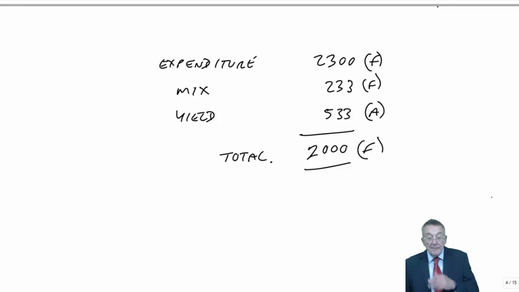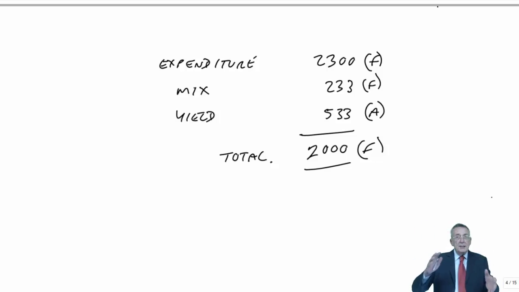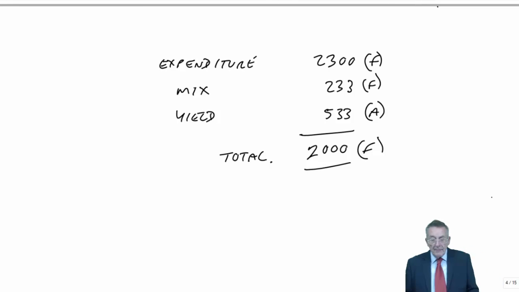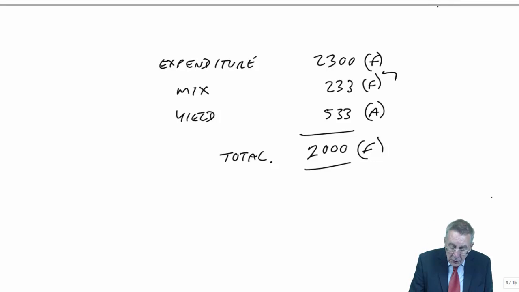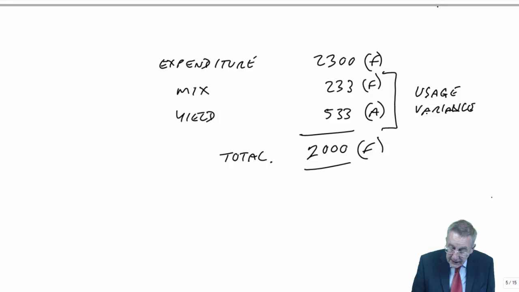Just one last thing. The mix and the yield variance both relate to usage. Mix, you're using less of one, more of the other. Yield, you're using more or less of both of them. Well, these two together are called the usage variance. You can work it out separately, there's absolutely no need.